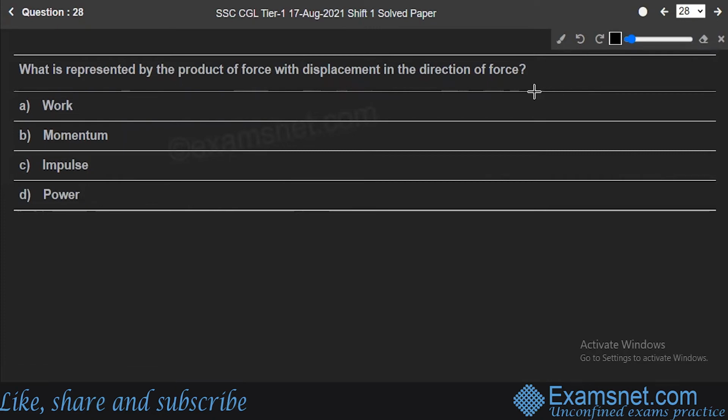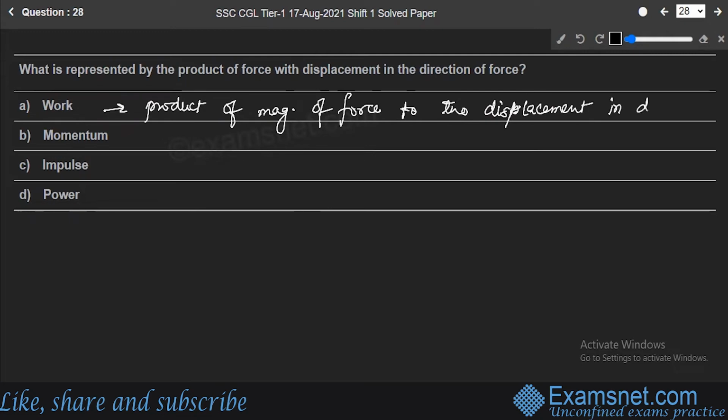See, you have to represent the product of force with displacement in the direction of force. This is represented by work done. So work is the product of the magnitude of force acting on an object to the displacement in the direction of force.